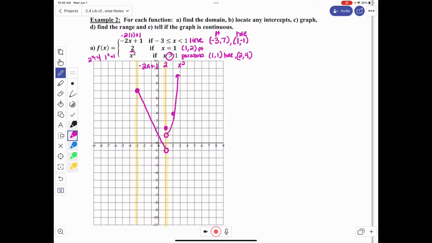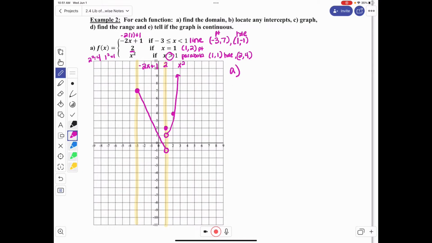Okay, now 2 is greater than 1, so that's okay. So that's why I did a point there, okay? It's just that 1 is not greater than 1, so that's why that had to be a hole on that line, okay? So here's my graph, and that's part C. So I've got part C taken care of. So now let's do the other part.